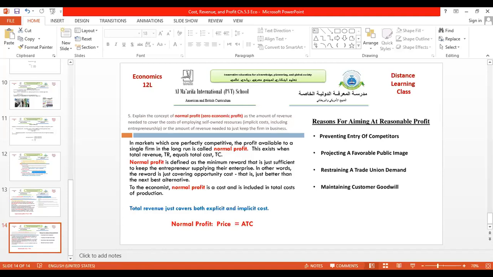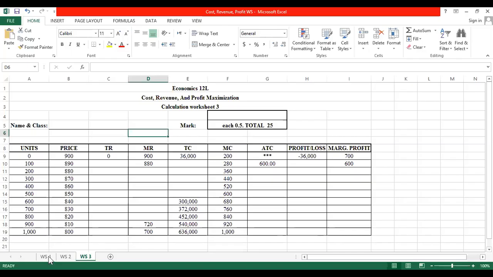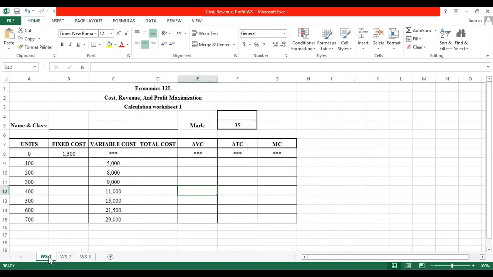Now we are coming to practice a little more. We should go to our calculation side, and here we are. We have three worksheets to practice calculation.